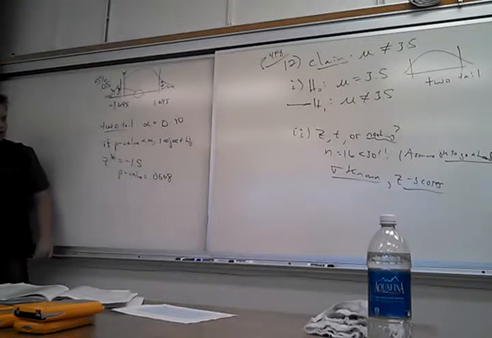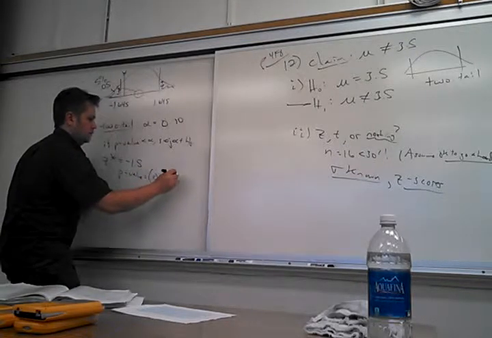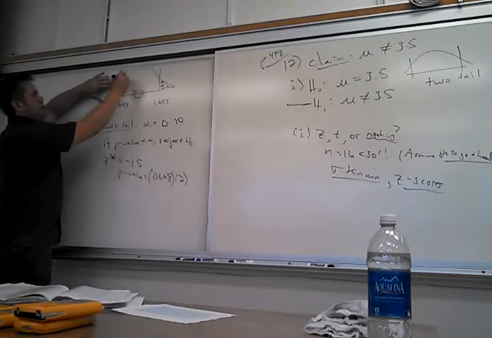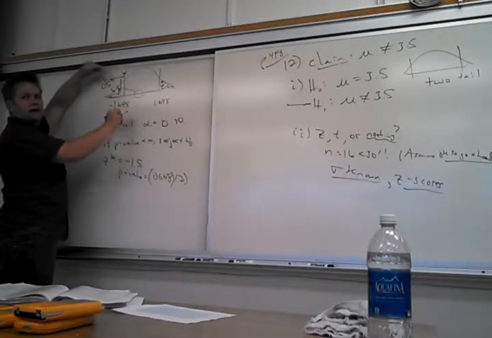Okay, cool. And then you have to multiply that by 2 to get the p-value, right? 0.1336. And the reason is because, again, if I only compare this one side, it's not fair.